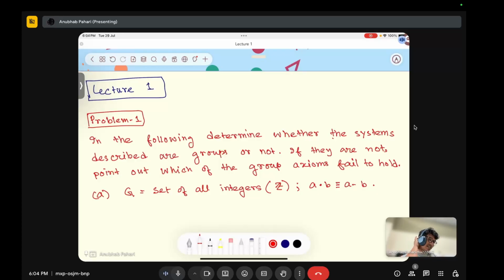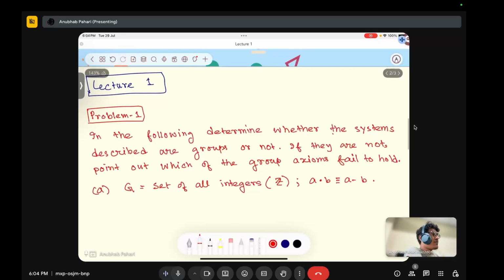You have to check if they form a group or not.